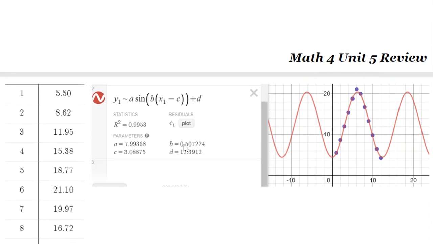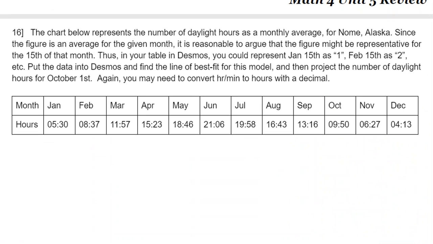All right, well, when you think about it, let's play with this for a second. All right, this is 1, 2, 3, 4, 5, 6, 7, 8, 9, 10. 10 would represent October 15th. 9 would represent September 15th. If I want October 1st, that is probably 9.5.